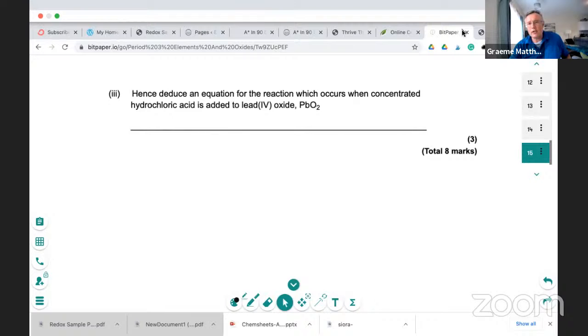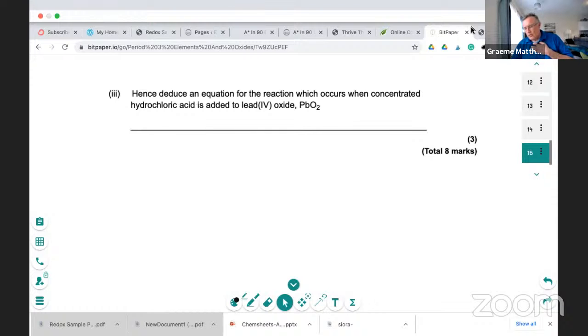All right, so here we are with this one. We're picking up where we left off last week, chemists, which was that we were looking at redox reactions. We looked at the definition of a redox reaction: reduction, oxidation, loss and gain of electrons, loss and gain of oxygen.